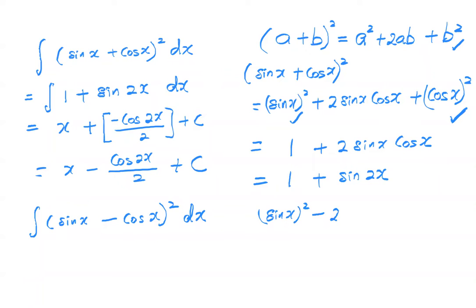If the center is minus, it will be minus. Okay, so it will be 1 minus sin 2x. Straight away, I can simplify. Then you put in, then you get the answer.